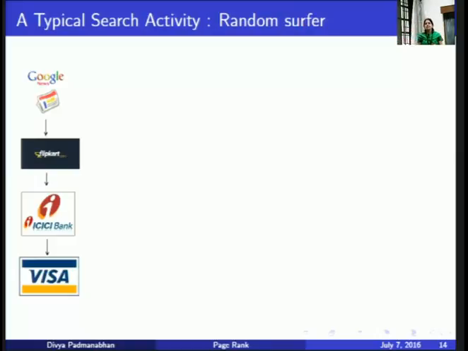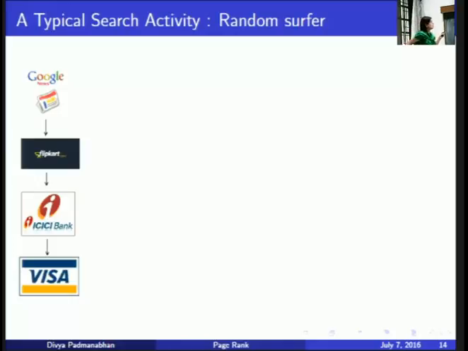Okay, so let us see how to devise a search engine algorithm. Before you do that, you need to understand the kind of behavior of any person who is surfing the web, the way in which he browses pages. One typical activity is this.